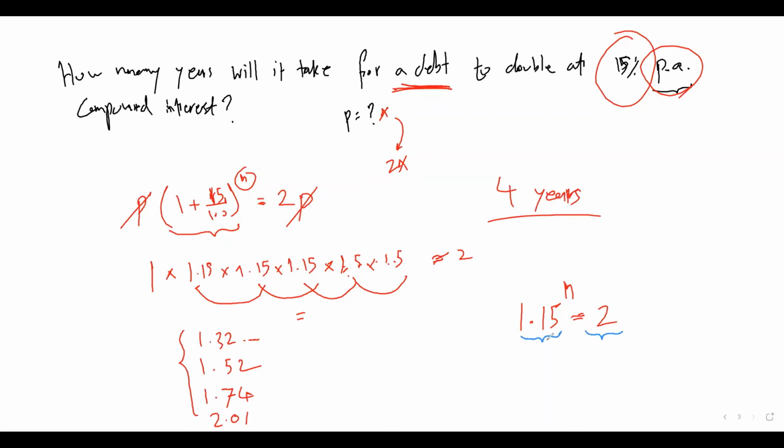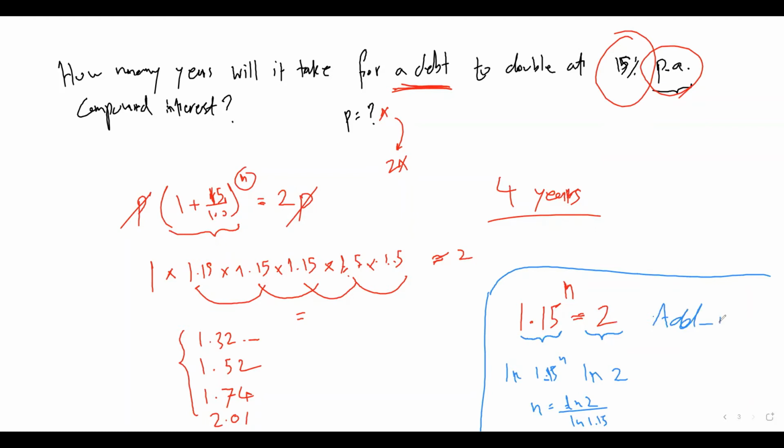However, if you study add math, you know that you can take logarithm or natural log from both sides, and therefore n can be found easily by dividing ln 2 over ln 1.15, and you get the same answer, right? But you don't need to bother with this part. This is for add math students.